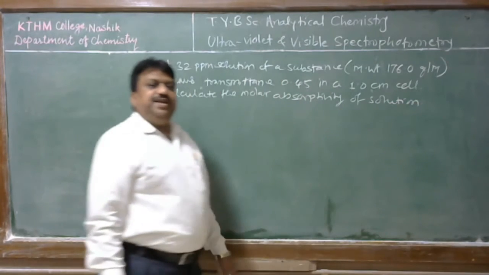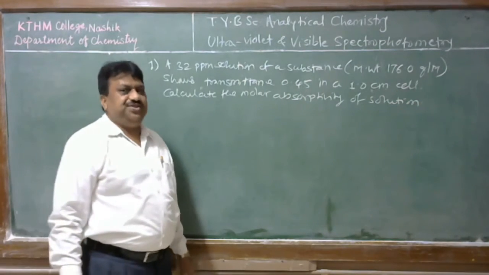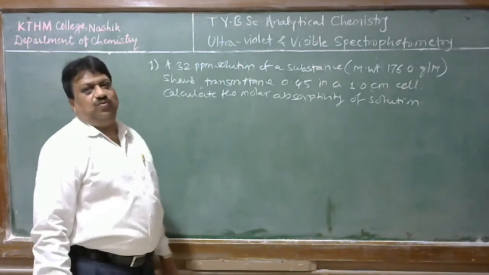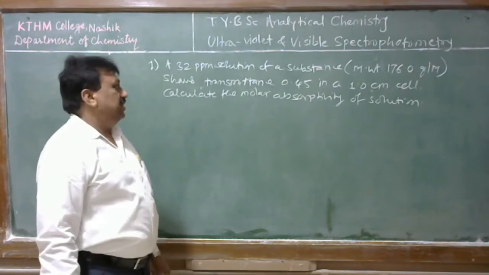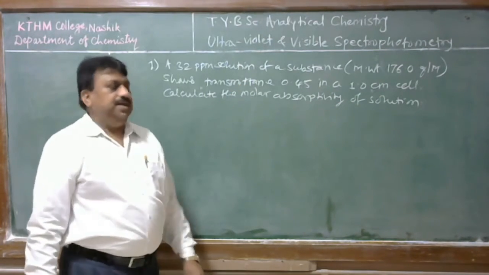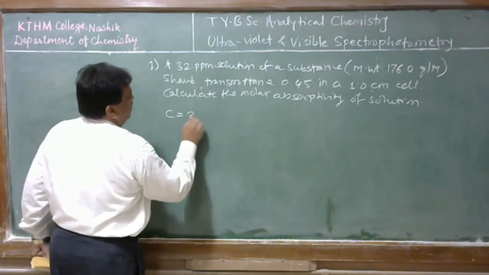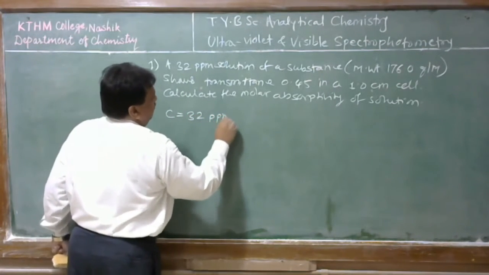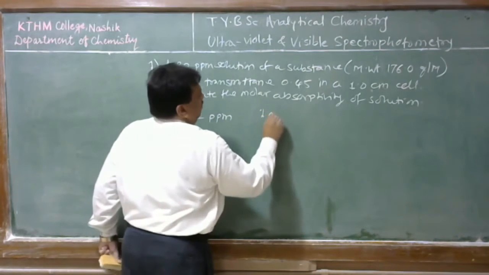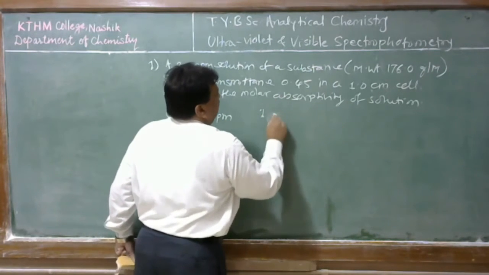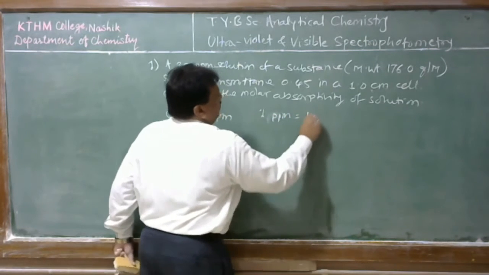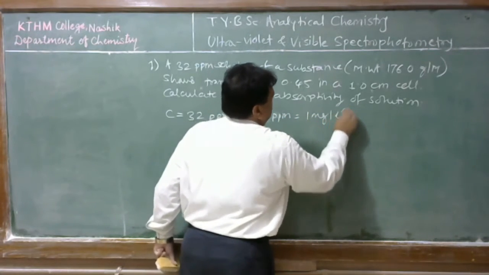Molar absorptivity, or molar extinction coefficient, we have to find out by using this information. Here the concentration of the solution is given as 32 ppm. 1 ppm means 1 milligram per liter.